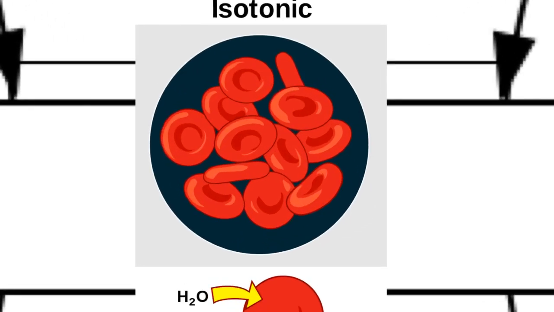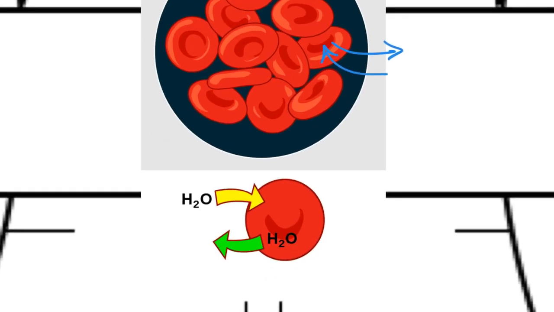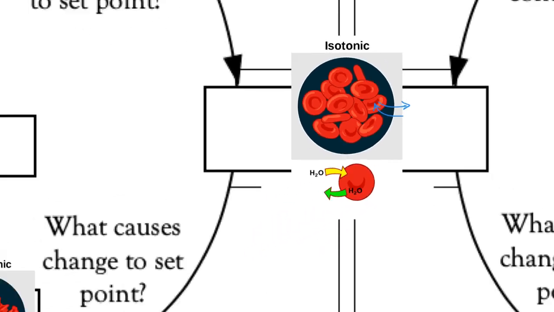Well, when your blood plasma and your blood cells and all the other cells in your body are isotonic, that means you've got the same amount of water coming in as going out, and your cells are happy. They're working great, and everything is right where it needs to be.